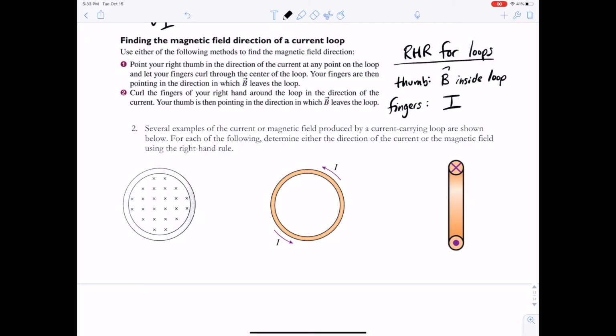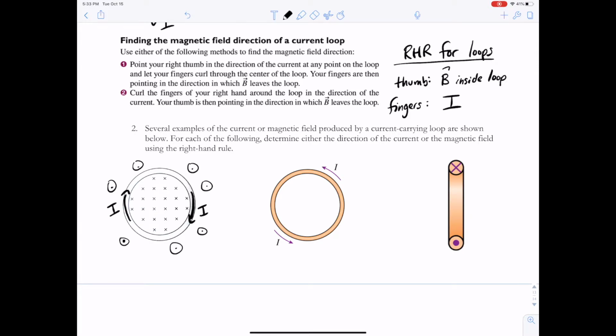My fingers are curling in a clockwise direction, which means that the current that produced that magnetic field is clockwise. It's not shown, but the magnetic field produced by that current outside of the loop is out of the page. So whatever the magnetic field is inside the loop, it's the exact opposite on the outside of the loop.